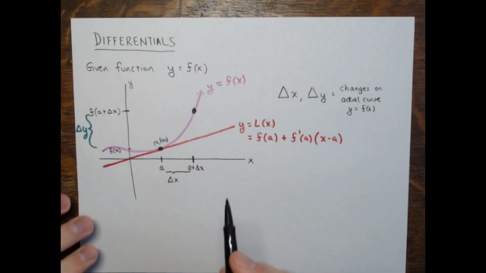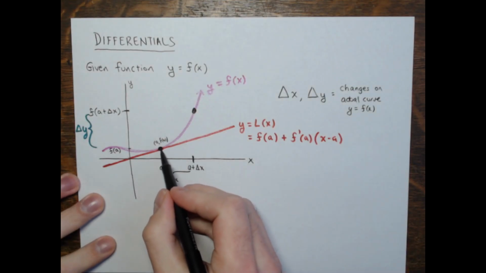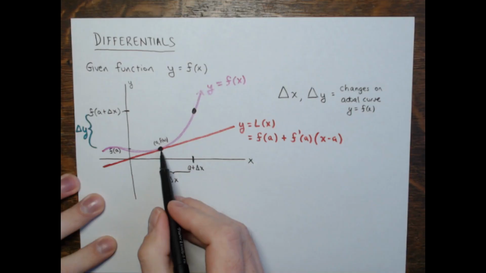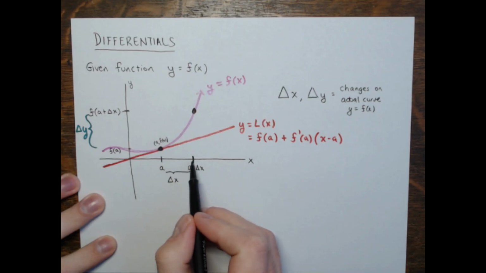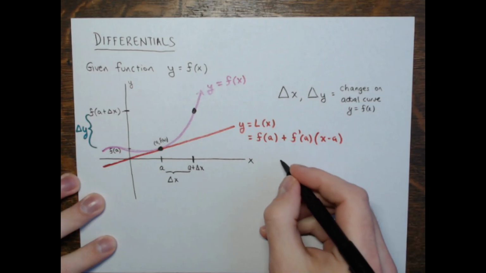Now, we're doing something similar. I start here at a, f of a. And again, I go this distance that's off of a. So differentials.